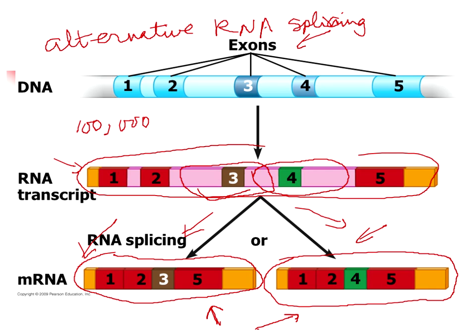But when they actually sequenced the human genome, what they found was more like 20 to 30,000 genes, more like 21,000 genes.